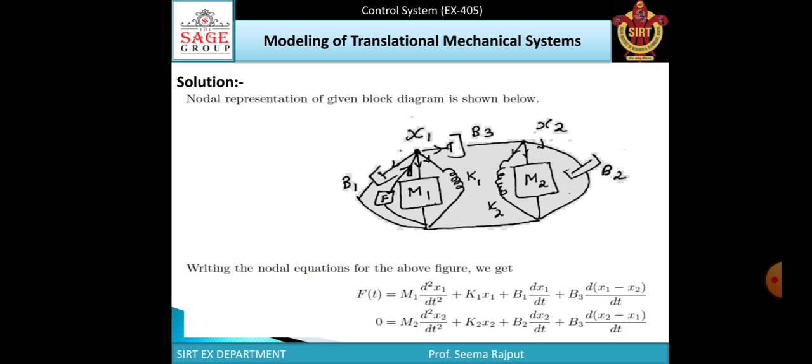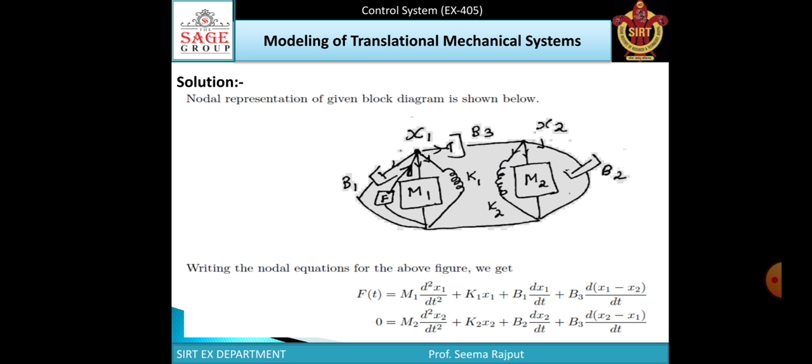Writing the nodal equation for the above figure, force is applied on mass M1. So F(t) equals M1 d²x1/dt² plus K1 x1 plus B1 dx1/dt plus B3 between x1 and x2, written as B3 d(x1 minus x2)/dt.